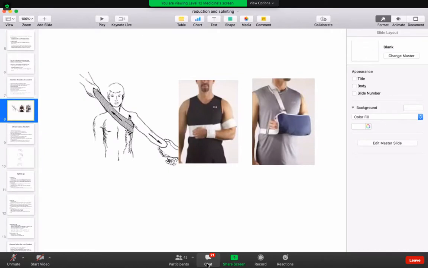So you do traction, counter traction, and then you reverse the mechanism of injury, which is adduction and internal rotation. And then once you do this and you hear a pop, you should recheck the neurovascular examination, put the patient in a shoulder immobilizer, either the shoulder immobilizer in the middle or an arm's length on the left side.